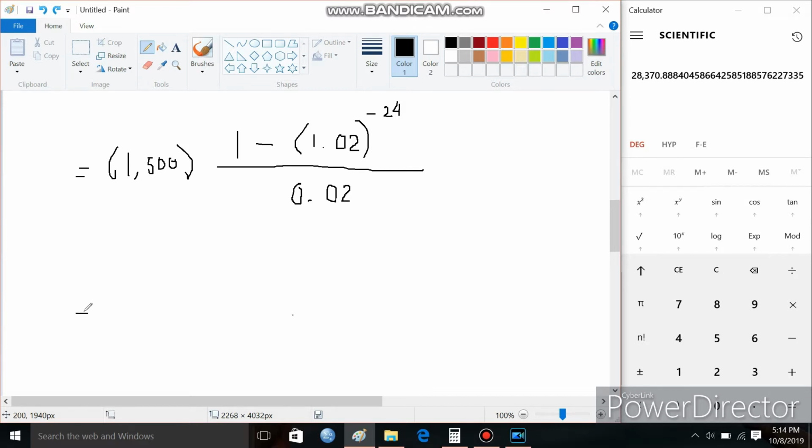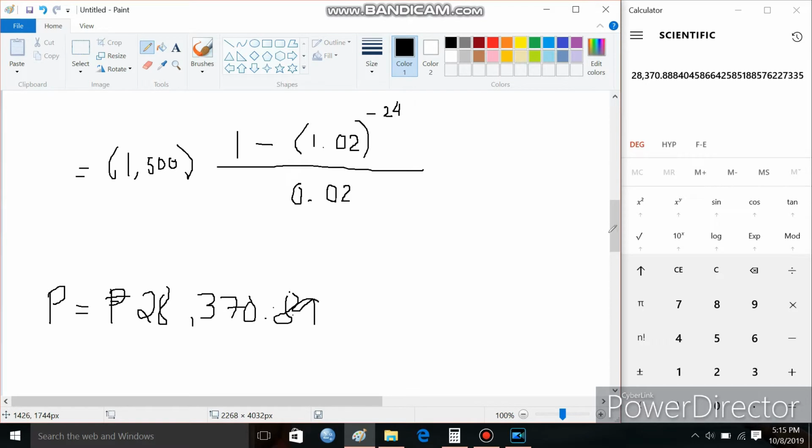The present value is 28,370.89, rounded off.